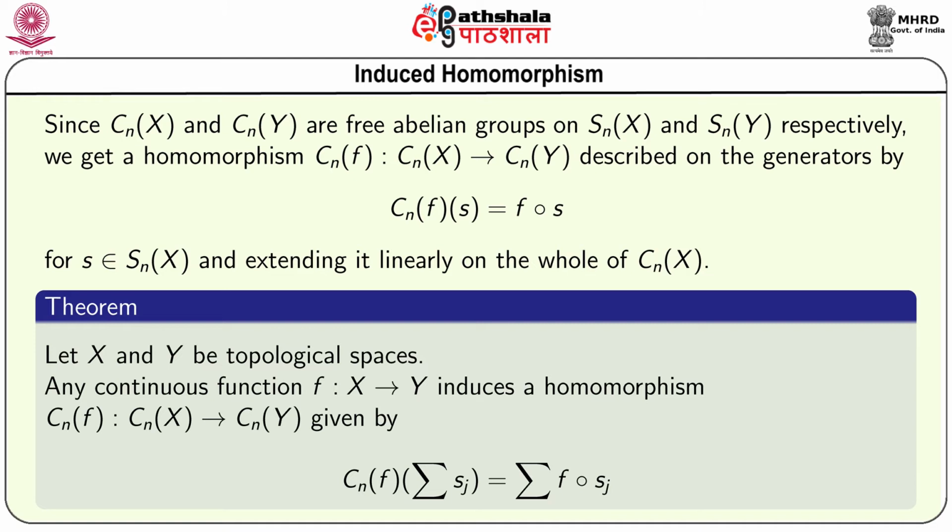Now, we prove a theorem which says that if X and Y are topological spaces and we are given a continuous function f from X to Y, then f will induce a homomorphism Cn(f) from Cn(X) to Cn(Y), which is given by Cn(f) operated on any element, the summation of sj of Cn(X), giving a member, the summation of f composed with sj, in Cn(Y).